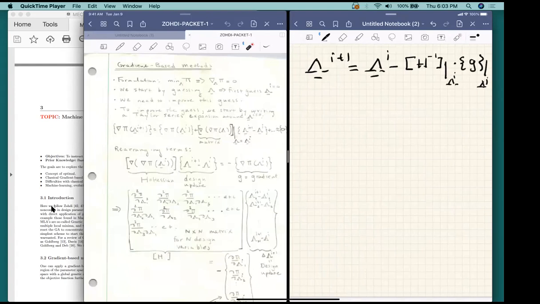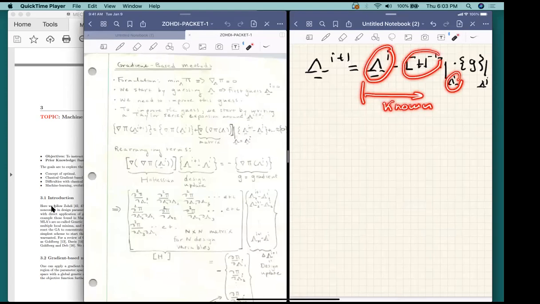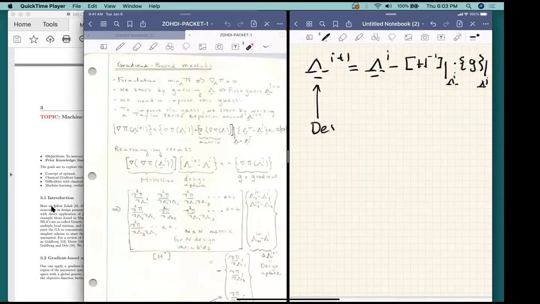So everything over here is known. H is known because I'm simply going to evaluate at all the lambda i's, and G is known because I'm evaluating it also at the lambda i's. What's not known is this, but this is what I want.